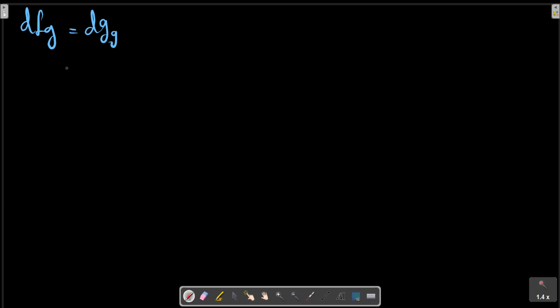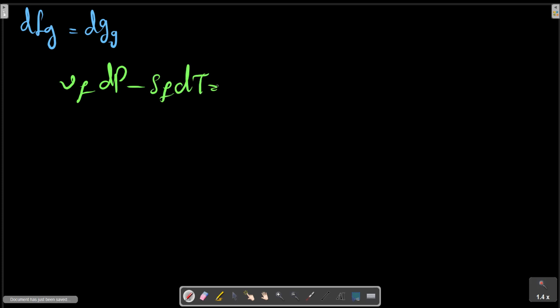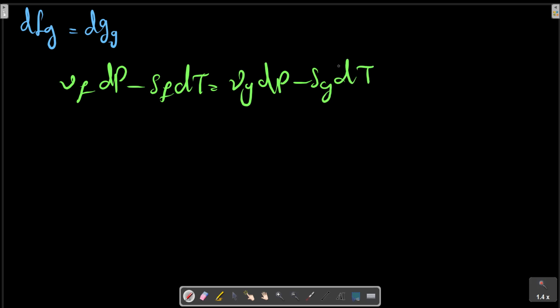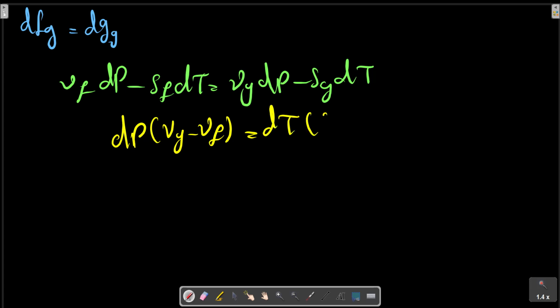It follows that vf dP minus sf dT equals vg dP minus sg dT. So (vg minus vf) dP equals (sg minus sf) dT.